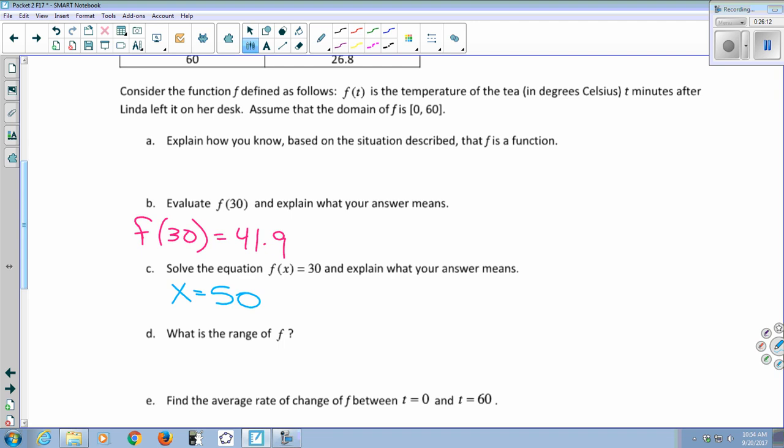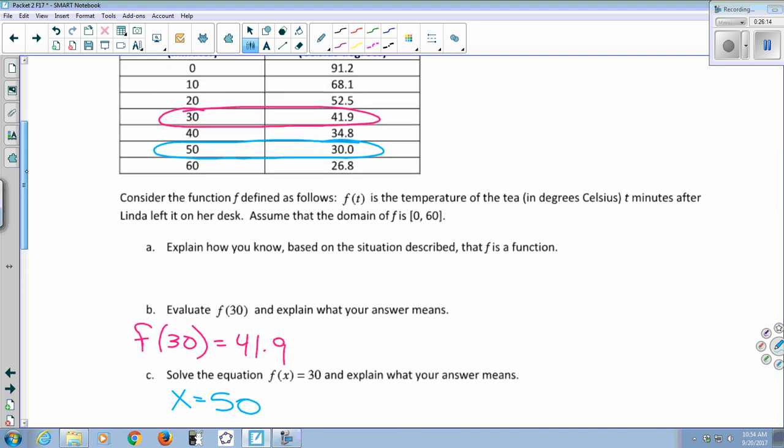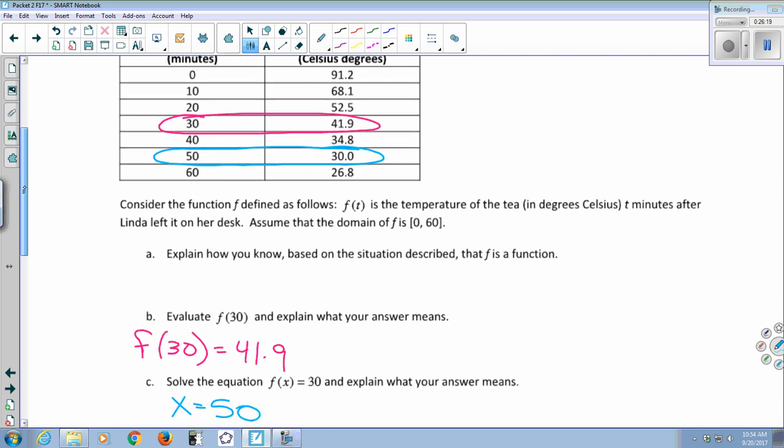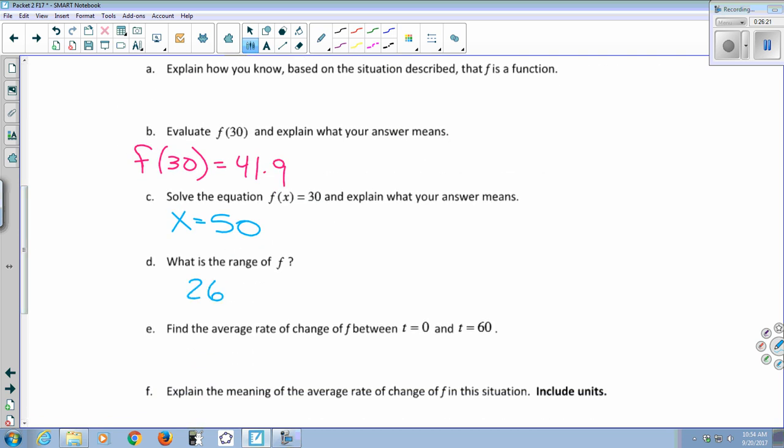The range of F is the smallest temperature to the largest temperature. So we've got 26.8 to 91.2. And I'm going to include both of those endpoints because the temperature actually hits 26.8 and it actually hits 91.2. Those are parts of the range.